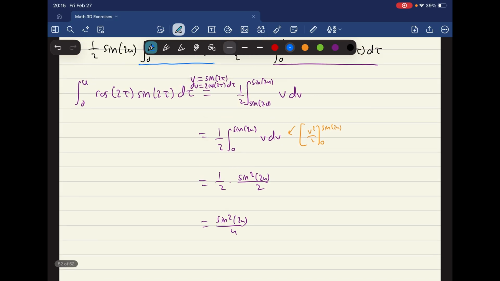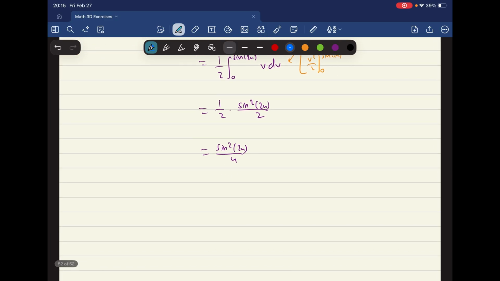What about the other integral? So we have integral 0 to u cosine squared of 2 tau d tau. For this one, we need to use another trig identity, and the one I'm going to use says that cosine squared x is 1 plus cosine 2x all over 2.